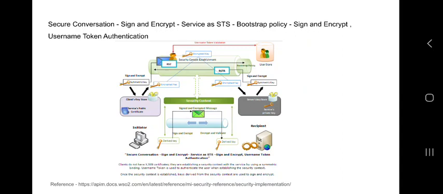So basically using the same symmetric key to obtain the RST, the security token, and that security token will be used to sign and encrypt the message which has the username token as well, and on the recipient's end it can be decrypted using that token, and then the signature is validated and the username token verified. So that's the scenario that we have.